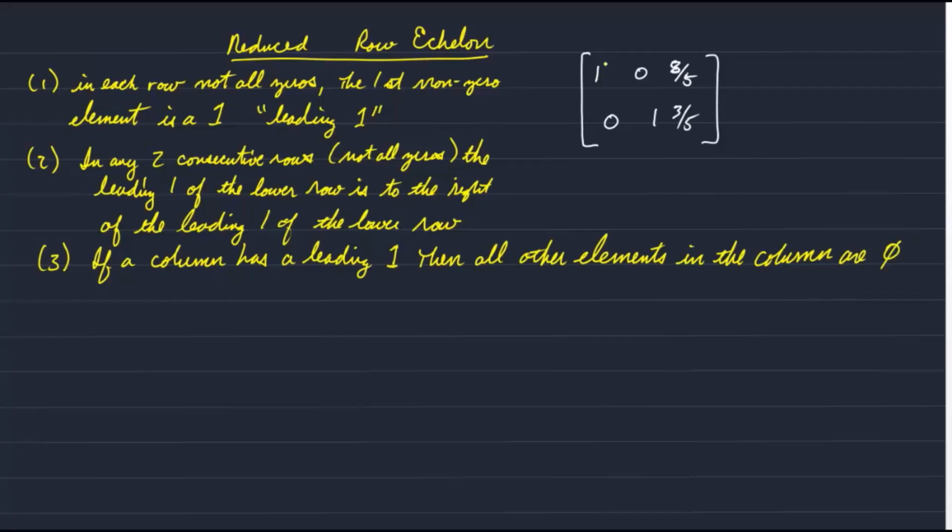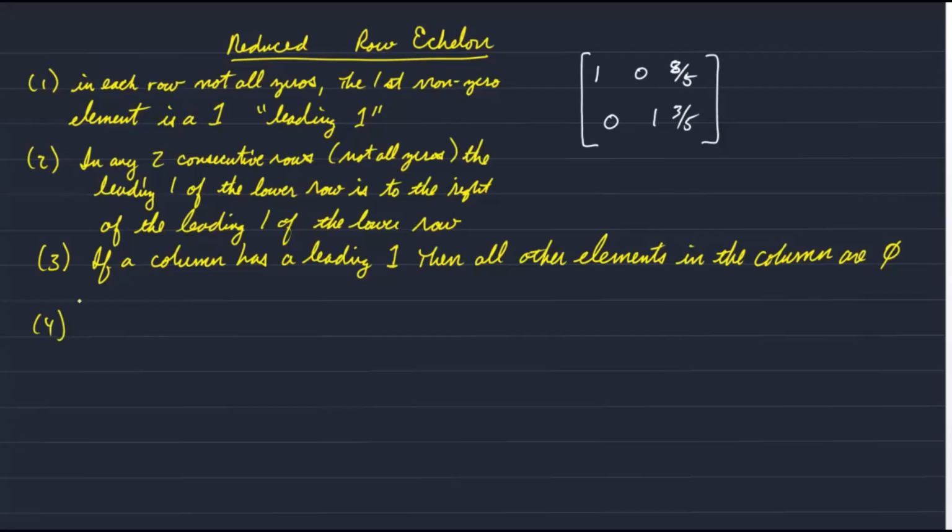So here is a column with a leading one in it. The other elements in this column are zero. In this case, there's only one other element, and it's in this column. Likewise, for this column with a lead one, the other element is a zero.